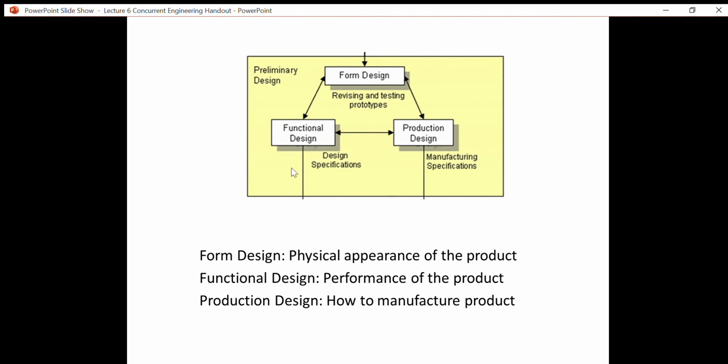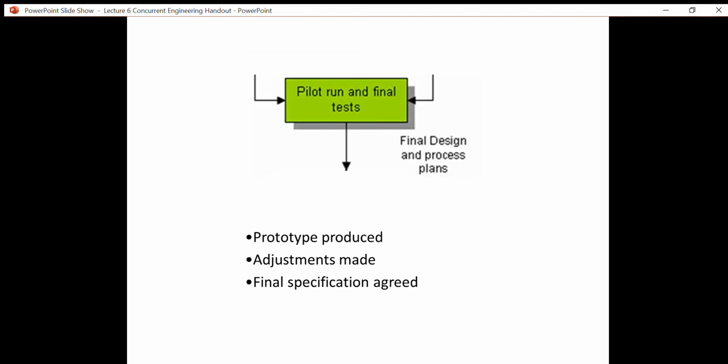All this comes out after finishing the preliminary design, and then they do a pilot run and final test in the final design and process plan. Before this, they do an evaluation test for the prototype.